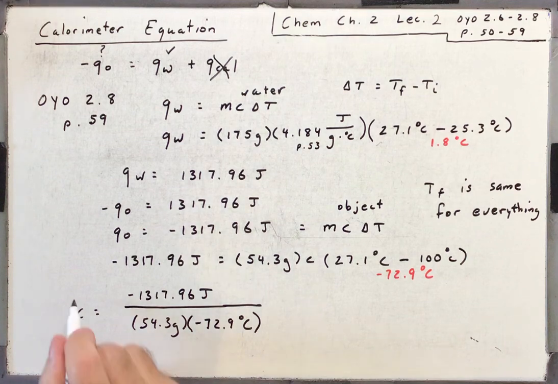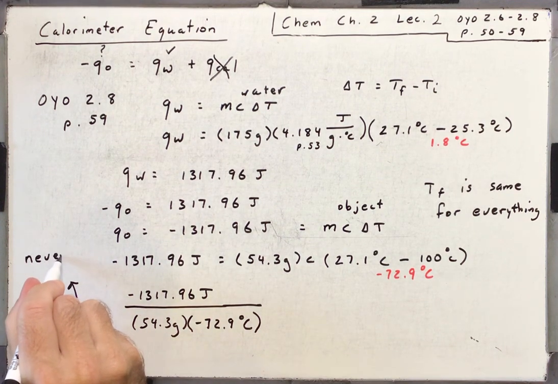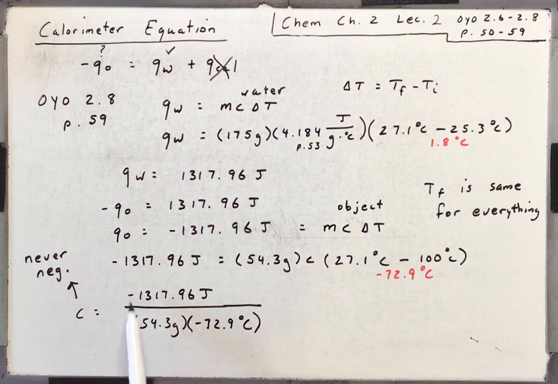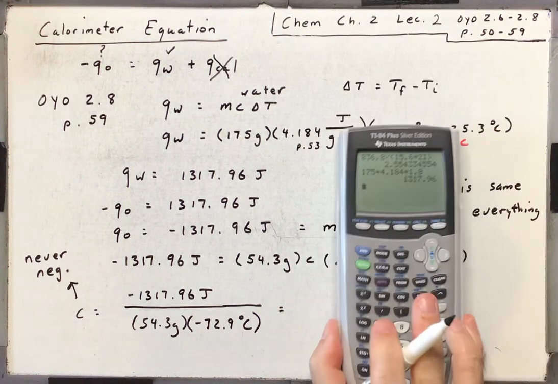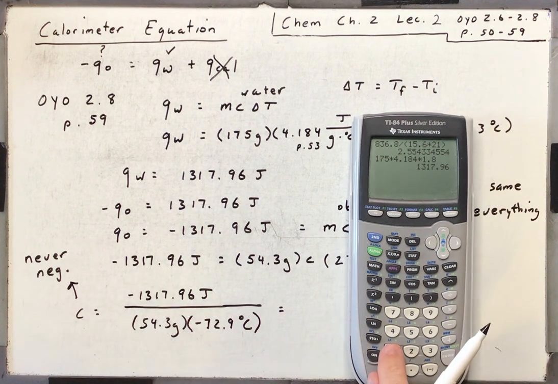Also, C is never negative. And a negative over a negative will cancel out the negatives. All right, so I'm not even going to put negatives in the calculator because I know they cancel out this time.